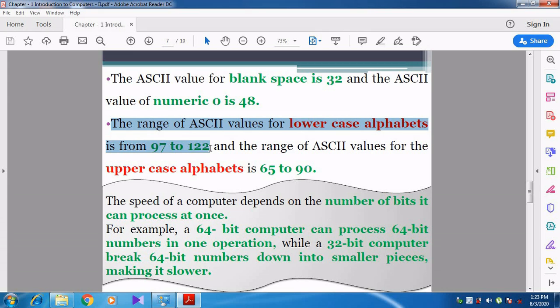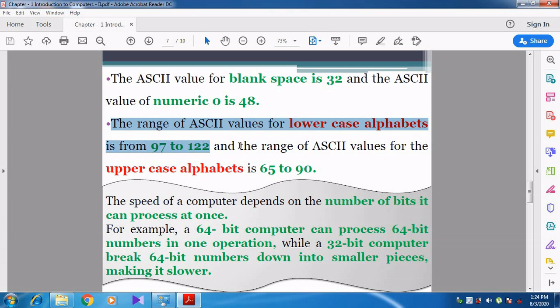For example, if I type small a, it changes to 97. If I type small b, it changes to 98. Small c, 99. Like that it goes on from 97 to 122, that is small a to small z. That is called lowercase alphabets.